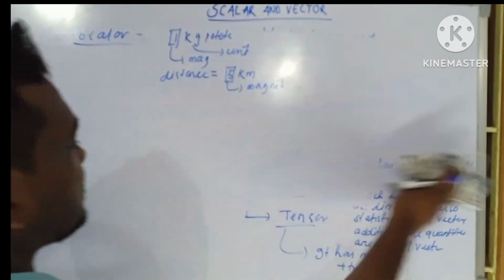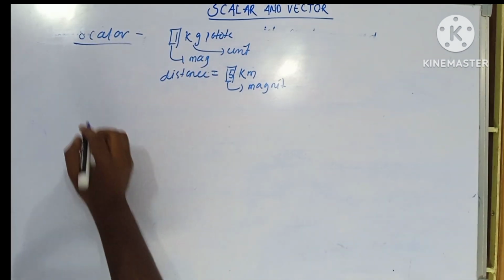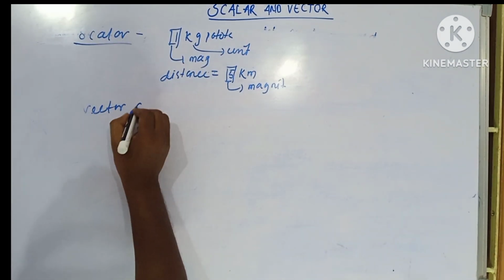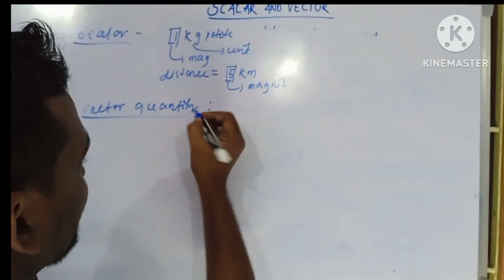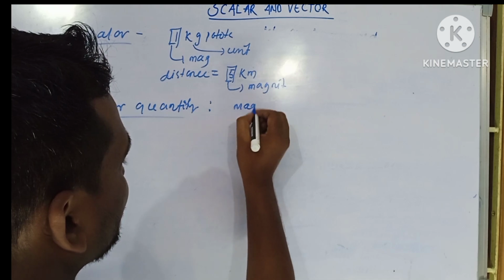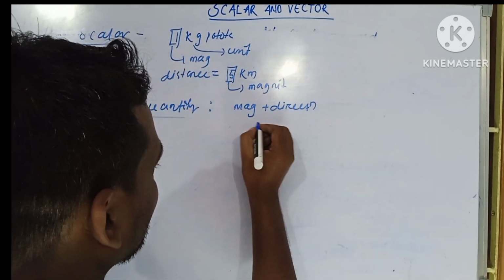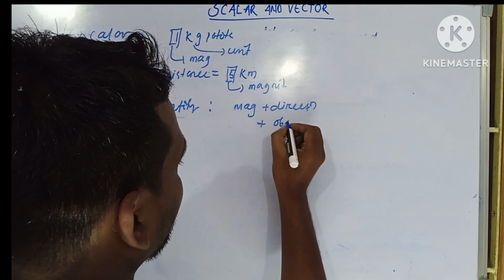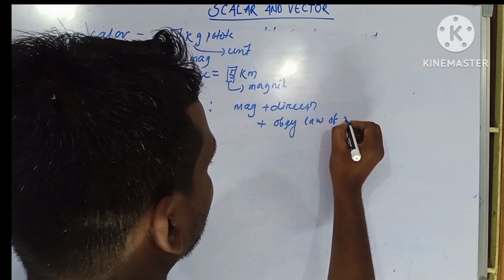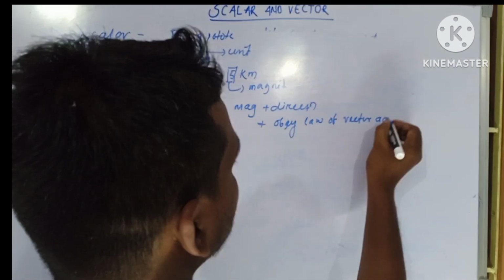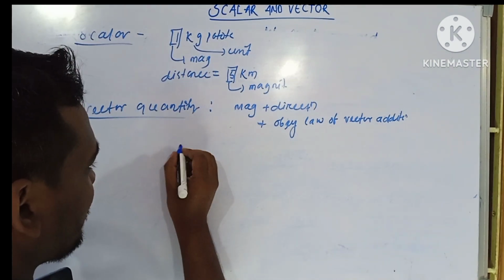Then come to vector quantity. Vector quantity means magnitude plus direction plus it obeys the law of vector addition.